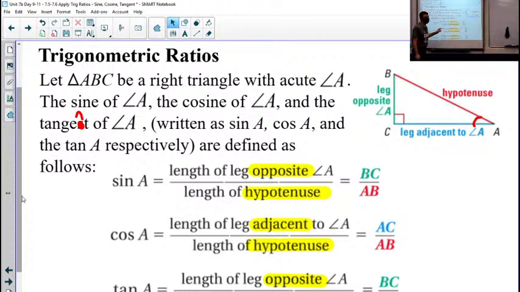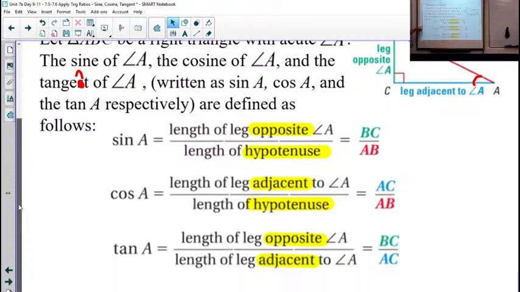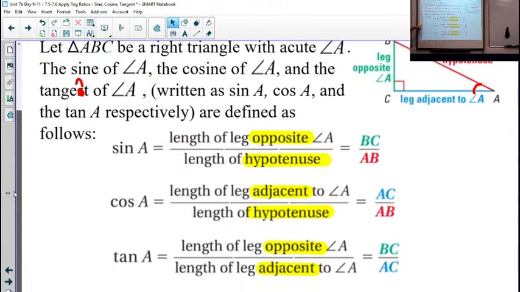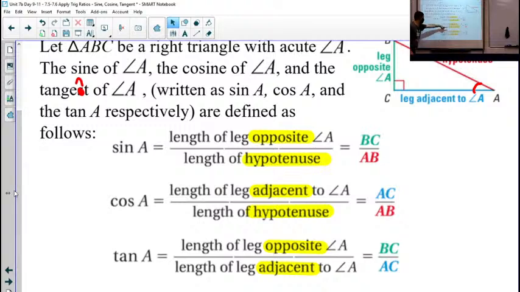For sine of A, you're going to write the fraction of opposite over hypotenuse. For cosine of A, you're going to write down adjacent over hypotenuse. For tangent, you're going to write down opposite over adjacent. So I will give you a moment to write.